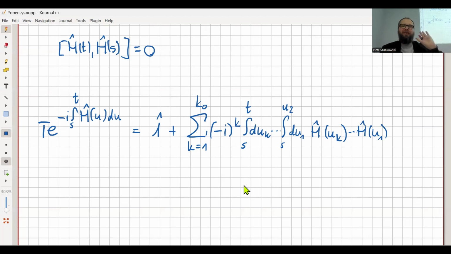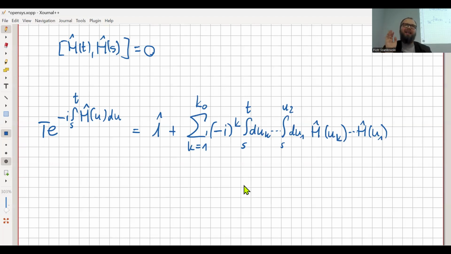If T is close to S, so you have a very short time interval, then cutting at K0 equal to 1 or 2 or 3 might be a good idea. You won't make a lot of mistakes by doing that. You won't accrue a lot of errors by doing that, and it might work.